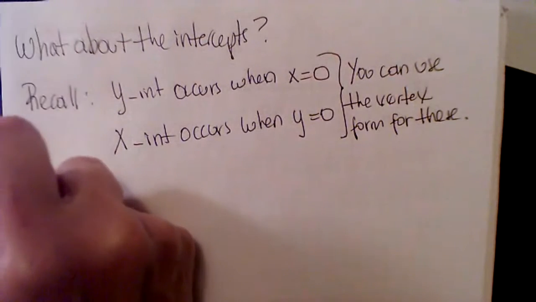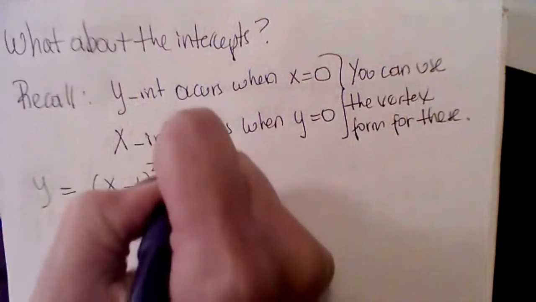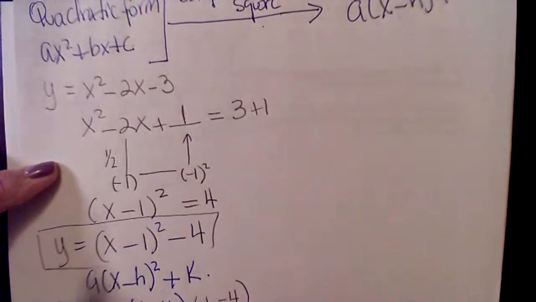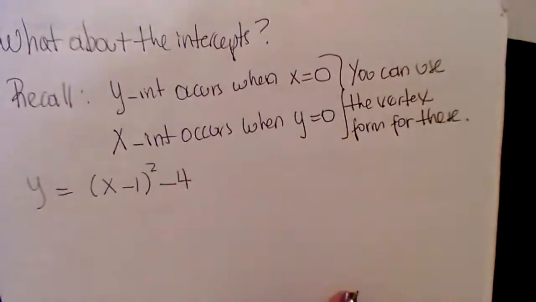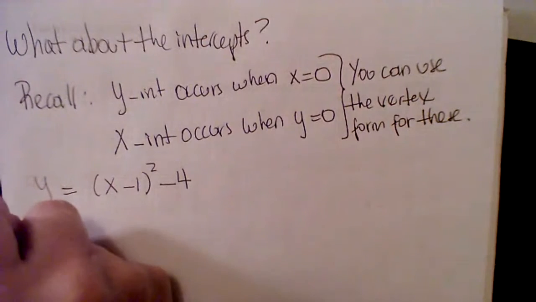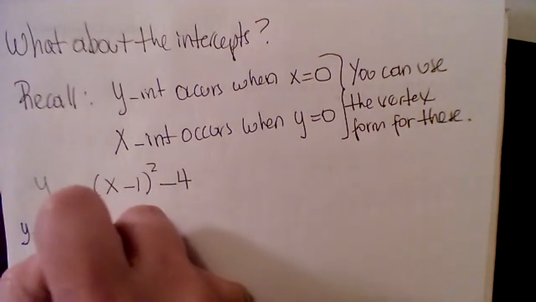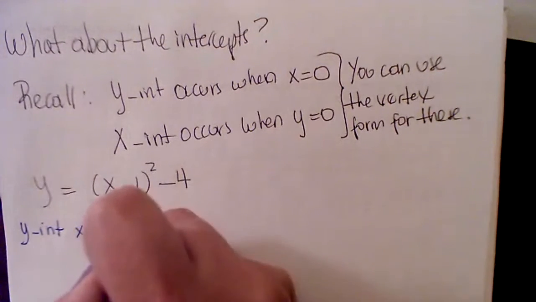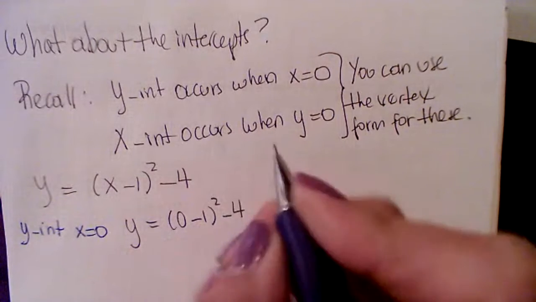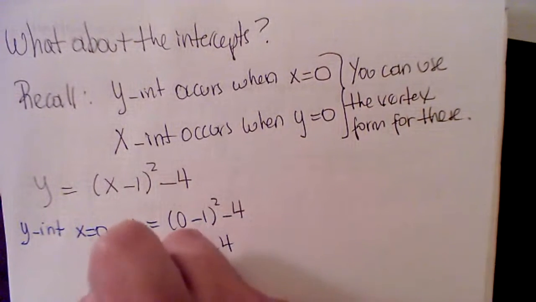So we have y is equal to x minus 1 squared minus 4. Remember, that's our vertex form. Right? Now, we're going to do the y-intercept. That means x is equal to 0. So we're going to have negative 1 squared minus 4.